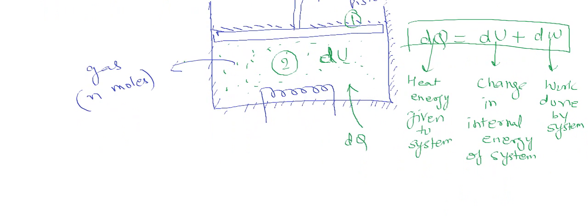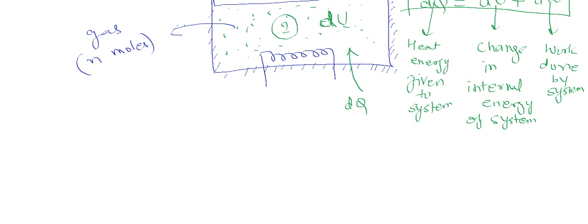Let's understand the sign convention for this first law of thermodynamics. It's very simple also. dq can either be positive or negative. If you are taking it as positive, that means heat is given to the system.